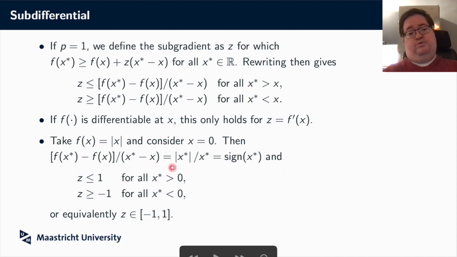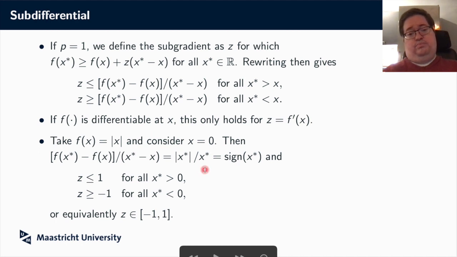So this expression reduces to the absolute value of x star divided by x star, which, if we think about it, is just equal to the sign of x star. Right? It's going to be 1 if x star is positive, because then the absolute value is equal to the number. It's going to be minus 1 if x star is negative, because then here we get something positive and here we get the same thing negative.